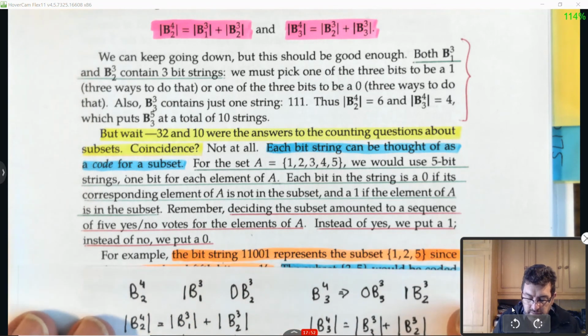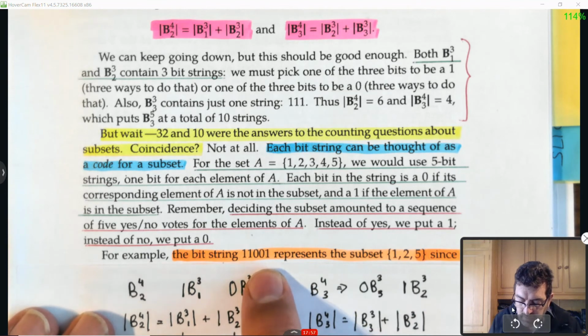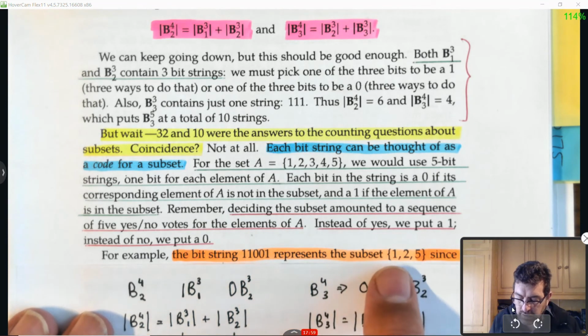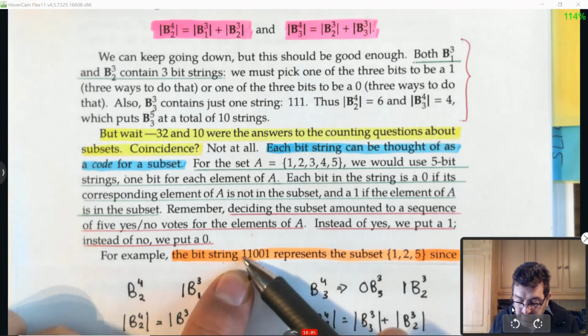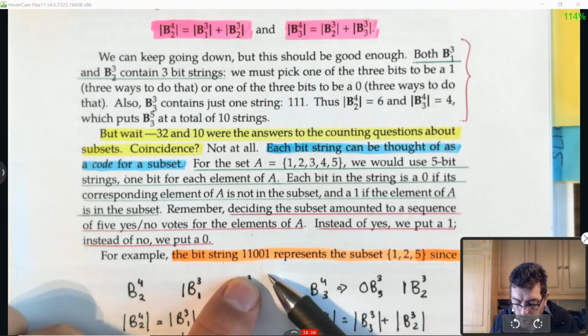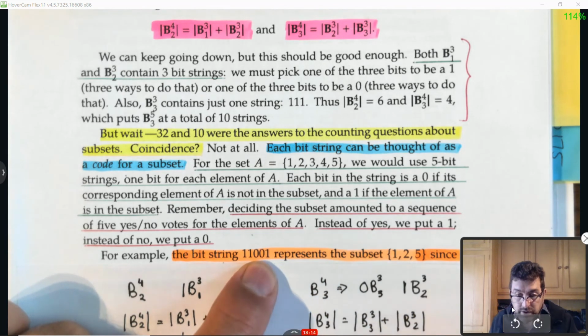So for example, the bit string 11001 represents the set 1, 2, 5. Why does it represent that? Well, there were 5 elements. If there's a 1, that element is included in the subset. 3 and 4 weren't, so that's why there's a 0 and a 0.